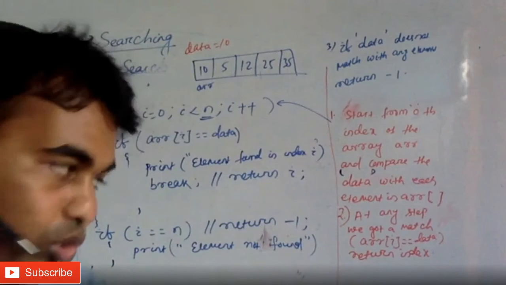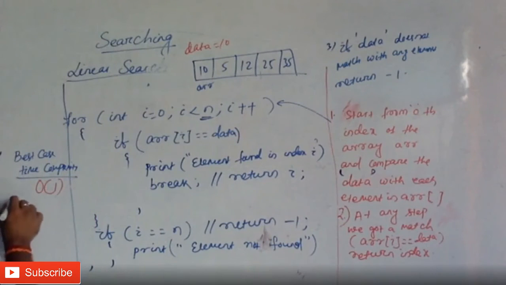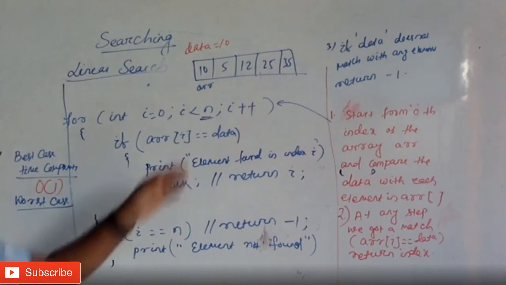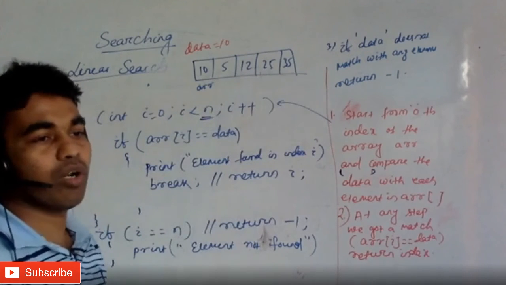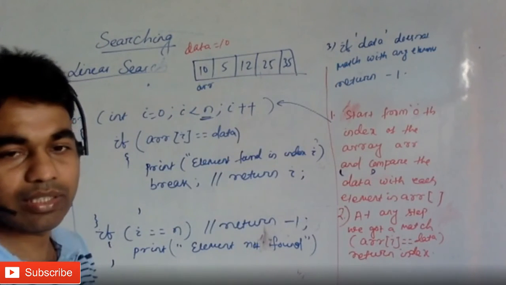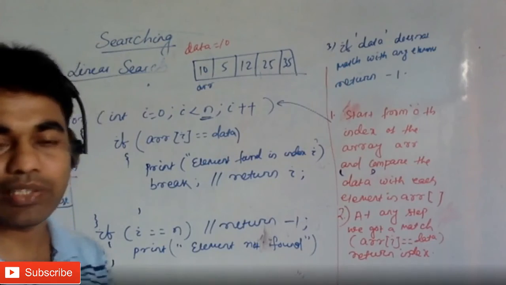Let's go for the worst case time complexity. What is the worst case? Worst case means you try to search every element, but still you were not able to find it. Suppose your friend is not at the party.